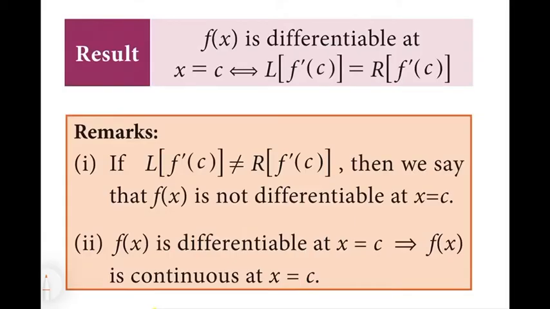f of x is differentiable at x is equal to c if and only if L of f dash of c is equal to R of f dash of c.